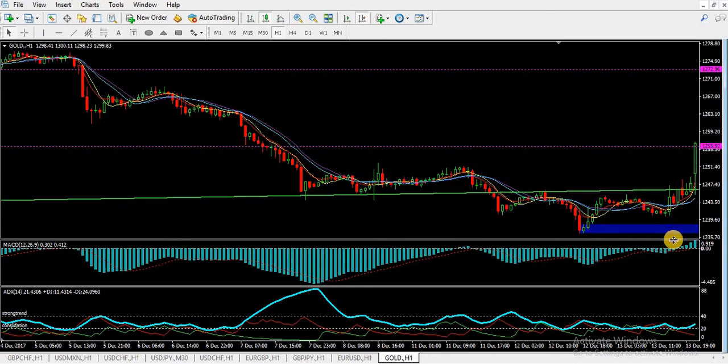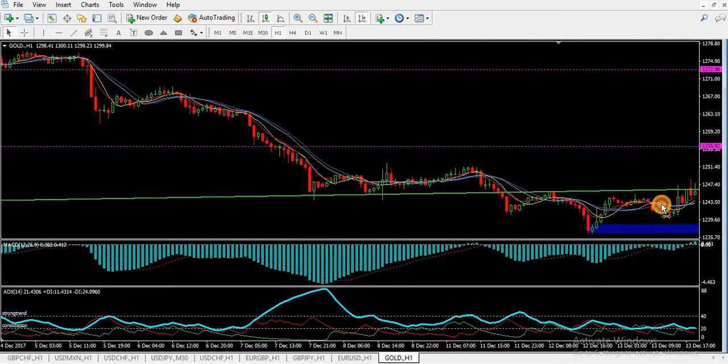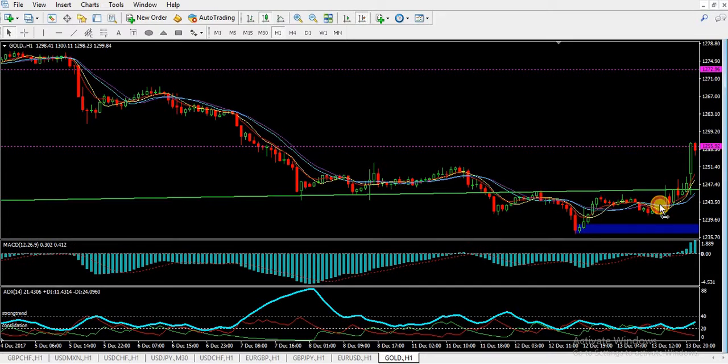And then we went slowly down. You enter on confirmation. We got this here. We see that the MACD's volume is increasing. Do you see this? We got this crab claw cross, the opening up of these things, the crab claw opening. And then we got this strong bullish candle formulating.